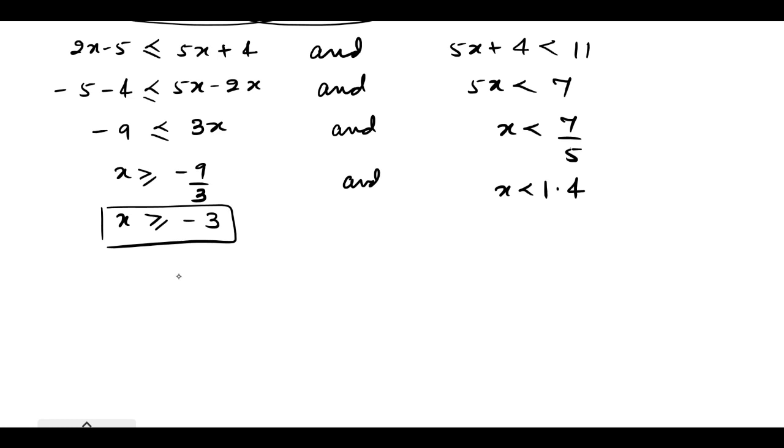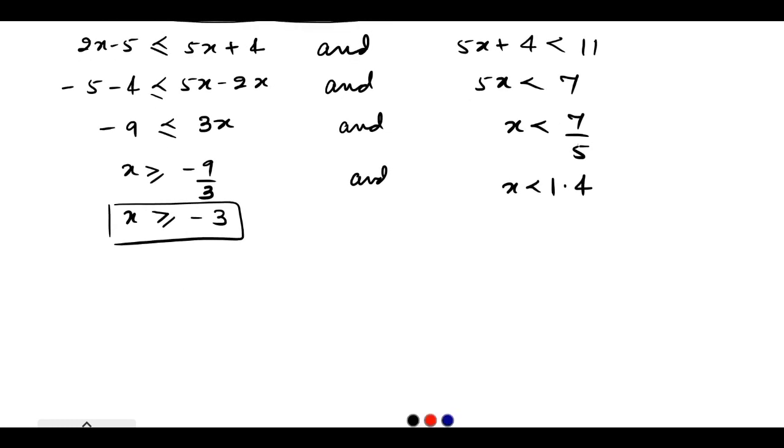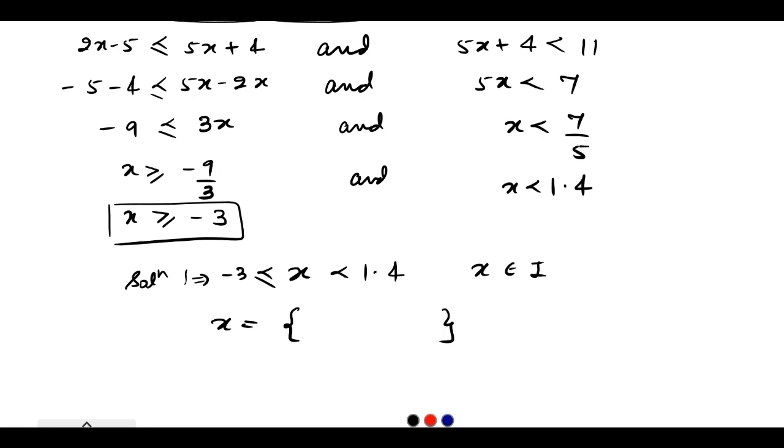Our solution is x is greater than or equal to minus 3 and less than 1.4, where x belongs to I, the integers. If we write the solution set, the integers between these two numbers are: first minus 3, because there is an equal sign, then minus 2, then minus 1, 0 and 1.